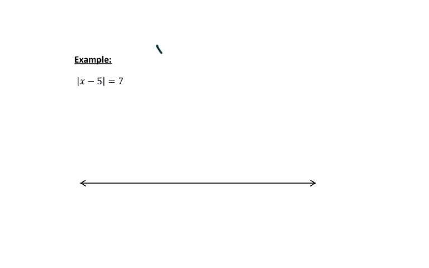We're going to have x minus 5 equals 7, and x minus 5 equals -7, again, because whether it's 7 or -7 in the absolute value, x minus 5 has to equal one of those things for 7 to pop out. So we're going to add 5. x equals 12.